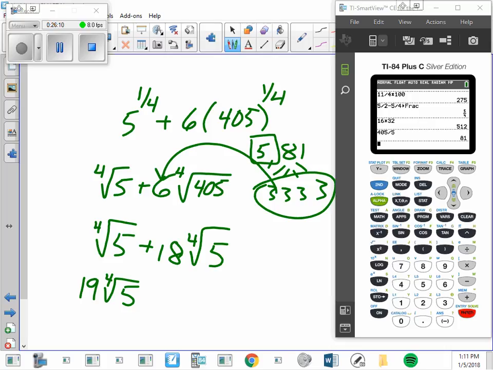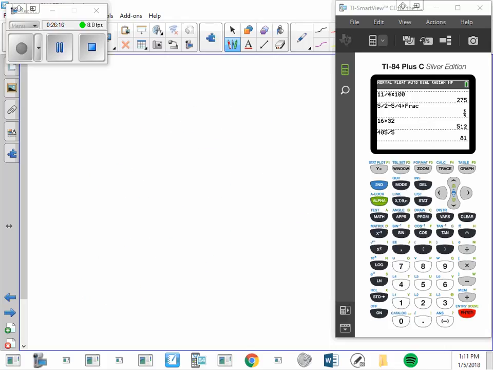Then you can do the same thing with variables. The 8th root of x to the 18th y to the 7th over x squared y to the negative 1. Can I make the inside simpler?